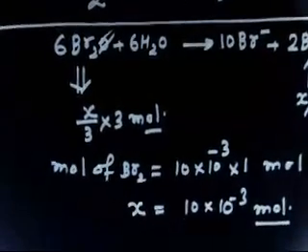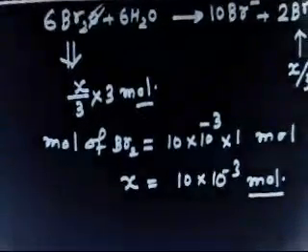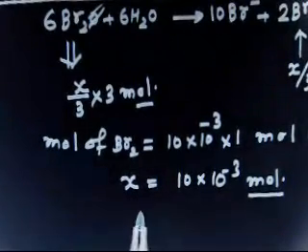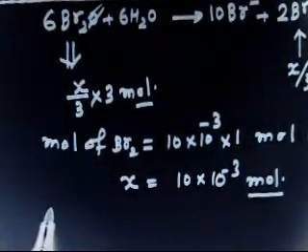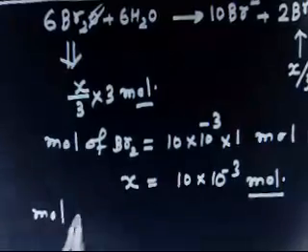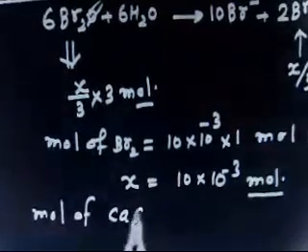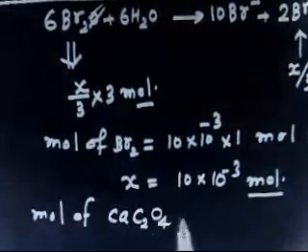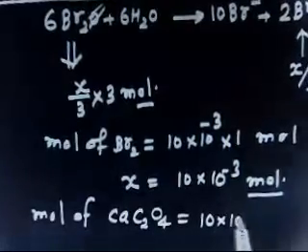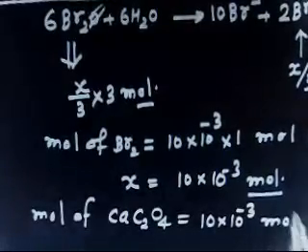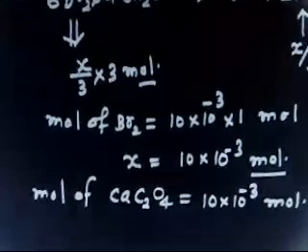That is the mole of CaC2O4, because X is the mole of CaC2O4. So mole of CaC2O4 is equal to 10 into 10 to the power minus 3 mole. So what is the weight of CaC2O4? Weight will be simply the mole multiplied by the molecular weight.